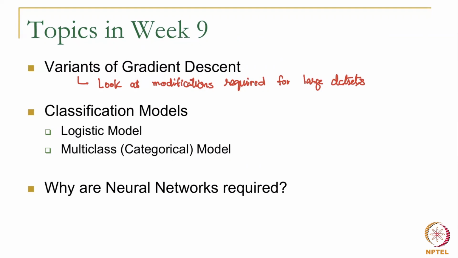The next and the main topic of this week would be classification models. There is something called the logistic model, which is for binary classification. What is meant by that is, in case you want to decide something like cancer or no cancer, or whether this chip is going to blow up or not, depending on the amount of power we provide.